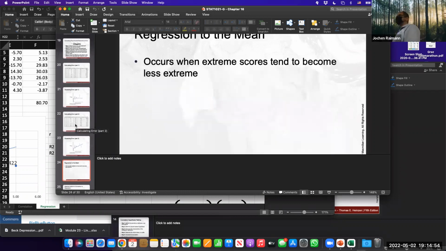So again, the regression equation allows you to predict values. You're doing that by relating the correlation coefficient to your z score of the independent variable and predicting the standardized z score for your dependent variable.